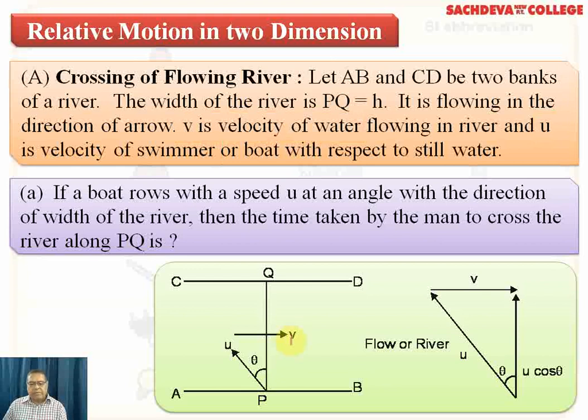Now, if a boat rows with speed u at an angle theta with the direction of the width of the river, then the time taken by the man to cross the river along PQ will be given. And in the adjoining figure, it is basically a right angle triangle and u cos theta is one of the components of u.